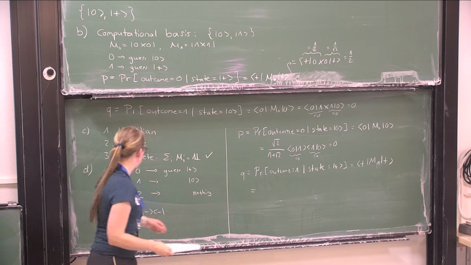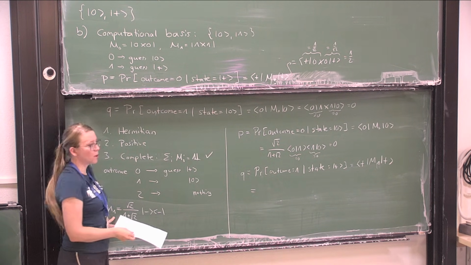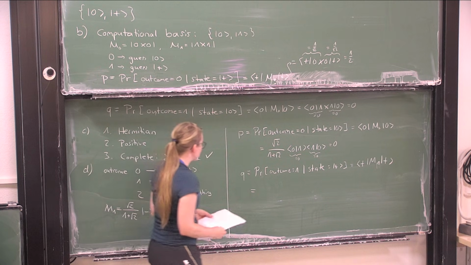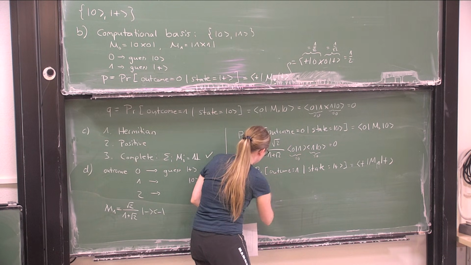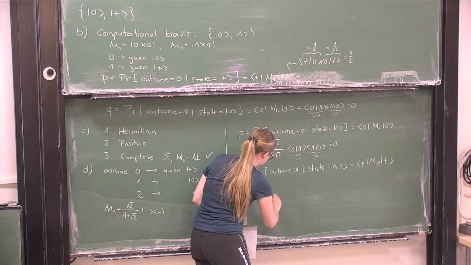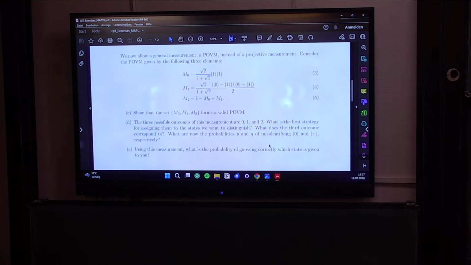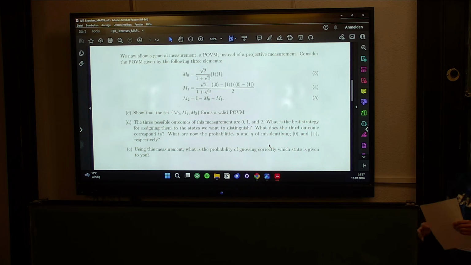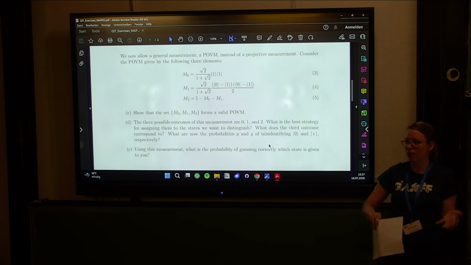We can write this measurement operator M1 in terms of the minus state. So you see we have the scalar product of plus and minus, which are also two orthogonal states. So this is also 0. So with this strategy, we actually never make a wrong guess.